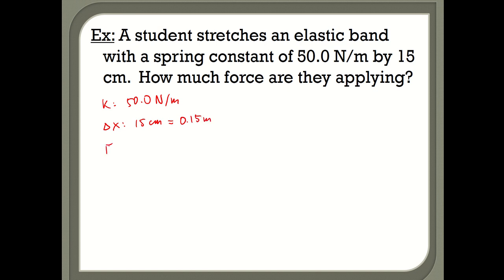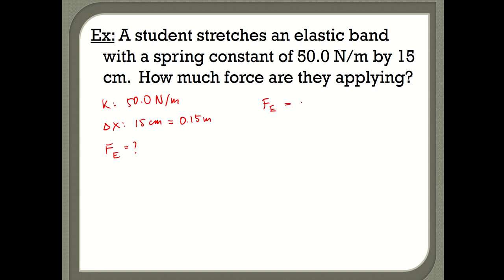So the unknown is Fe. That's what we need to find here. So all we have to do, we don't really need a free body diagram for this. We just need the equation for Fe, because that's the only force we care about.